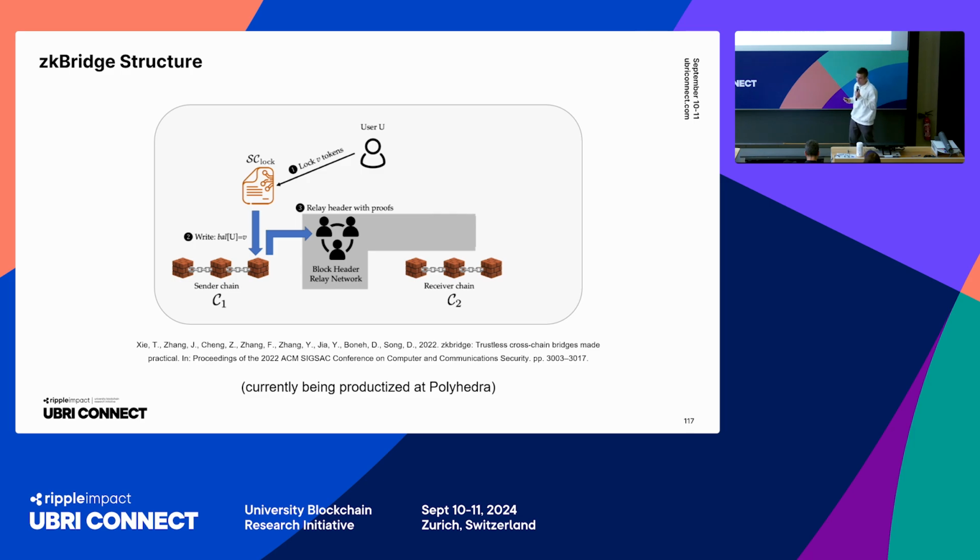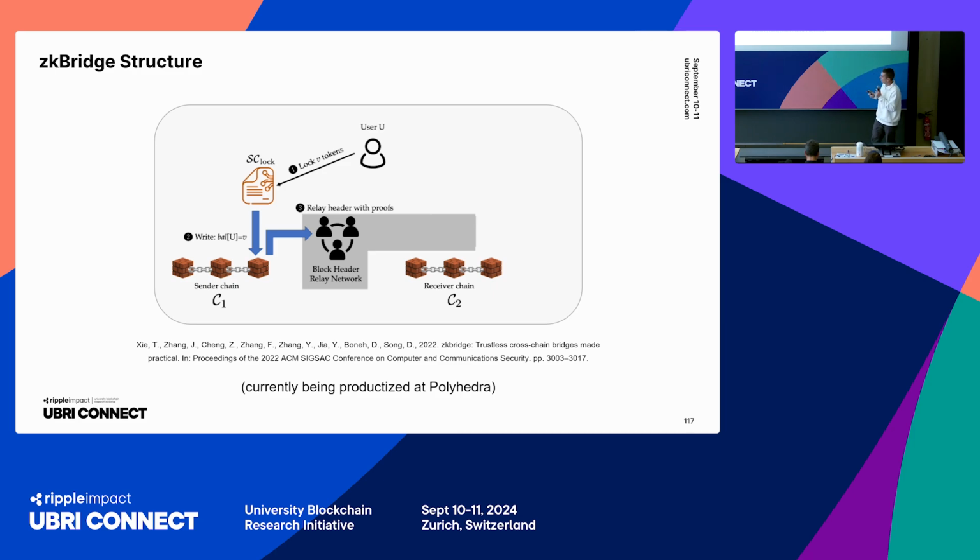There's something called a light client verification protocol, which allows normal users, normal nodes, to verify if a specific block or transaction is in a specific blockchain. So now we'll have a block header relay network. It is basically a group of people that will generate a proof for the existence of a header in the first chain.